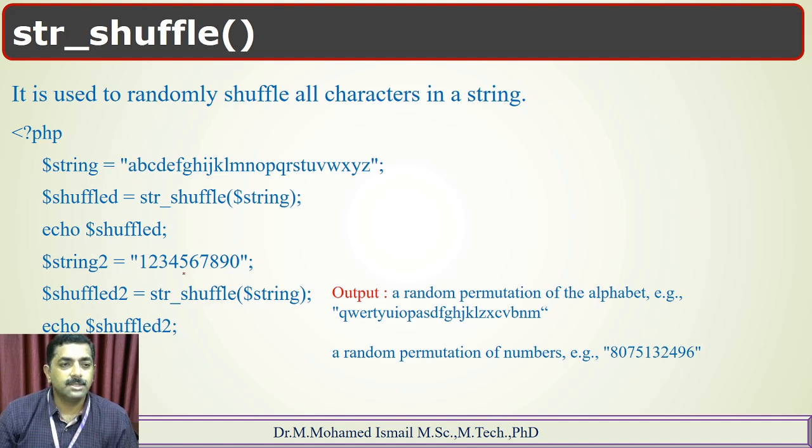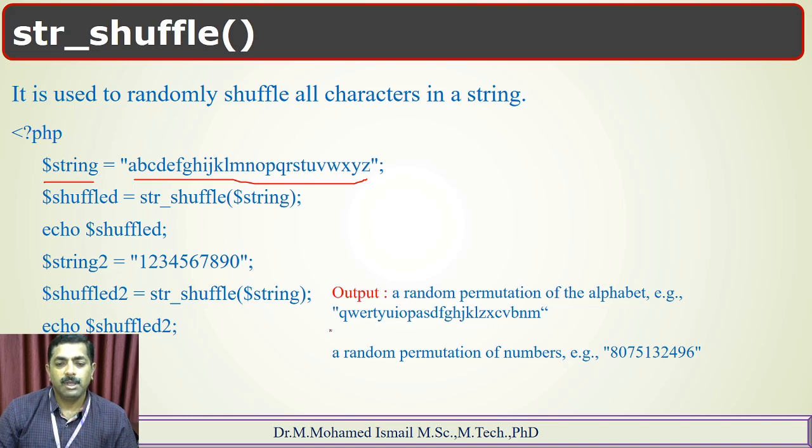The next function is str shuffle, which is used to randomly shuffle all characters in a string. Suppose here I am storing a variable string with small characters A to Z. So it shuffles all the characters. One variable is stored, I am using the string shuffle function, and this string will be shuffled.